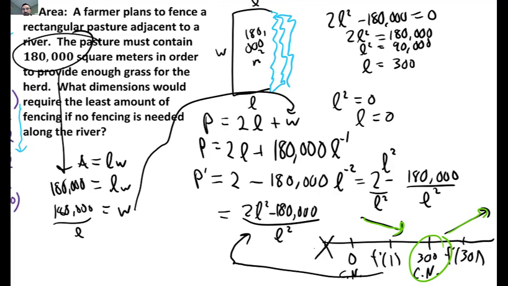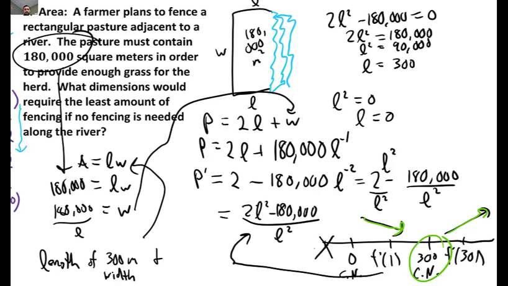I was trying to find the least amount of fencing. And so that would be when we have a length of 300 meters, and once I know that, the width shouldn't be a problem. I can plug that into any one of these equations, like maybe up here.